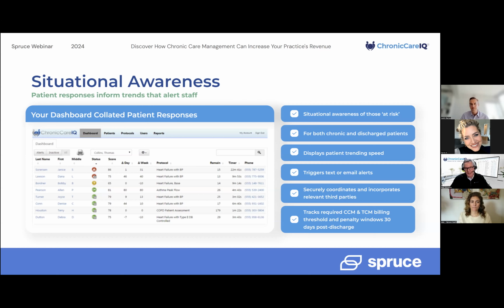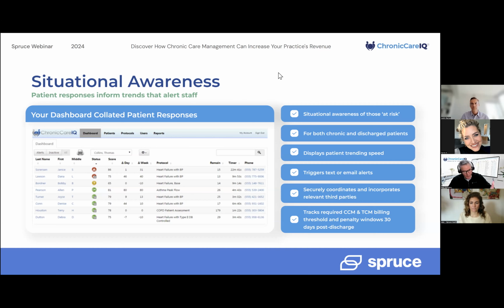So when you have a platform like Chronic Care IQ and Spruce, we're looking at different measures that aren't traditional to say, hey, something's happening here. Maybe someone should call that patient and get them enrolled in a monitoring program. We have 600 different clinical monitoring protocols that attach themselves to patients if there's a concern.